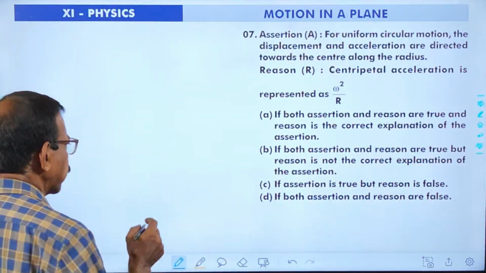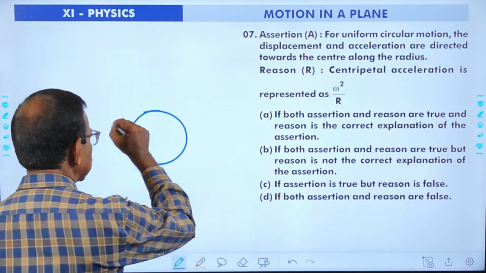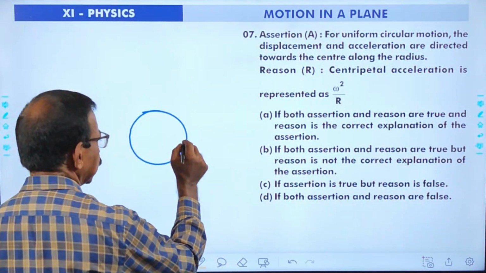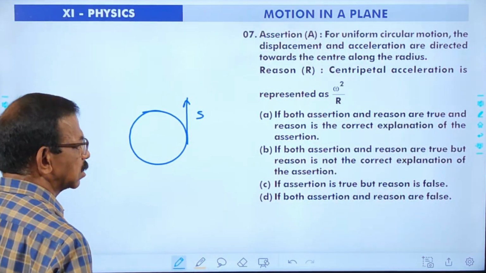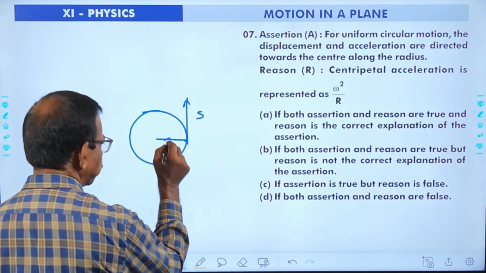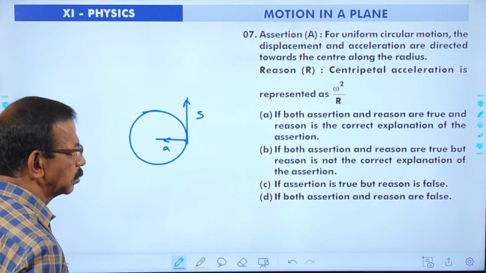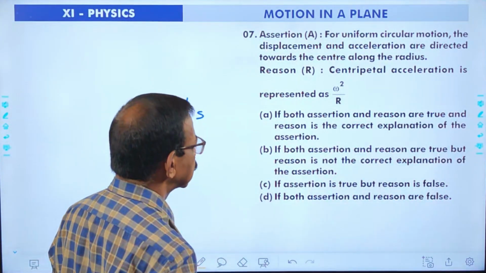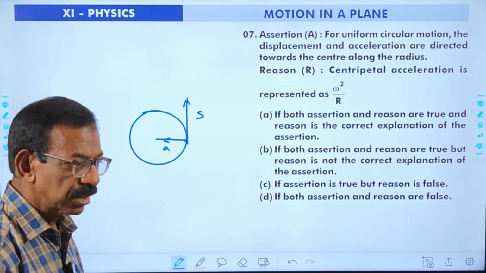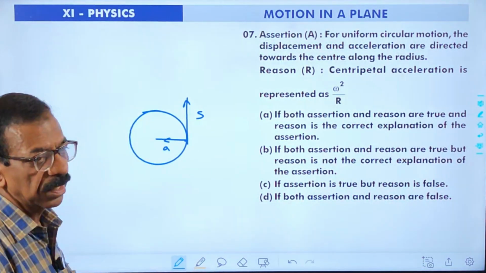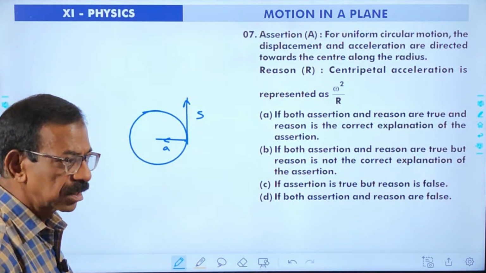That is, during this uniform circular motion, the displacement may be like this. It is tangential. And the acceleration may be directed towards the center. Here it is wrong, since it is given that both displacement and acceleration are along the radius towards the center, but the displacement is along the tangent, while the acceleration is towards the center.